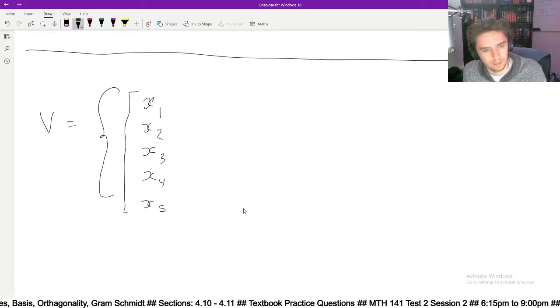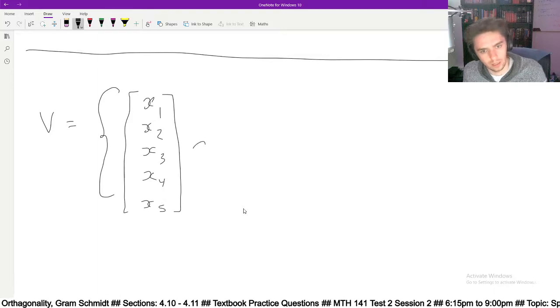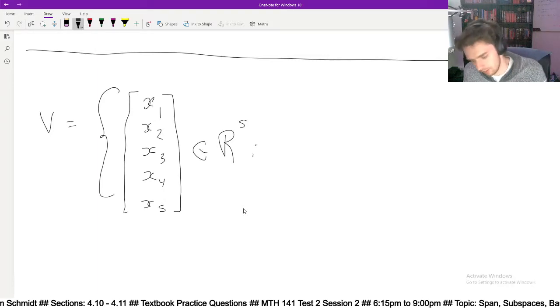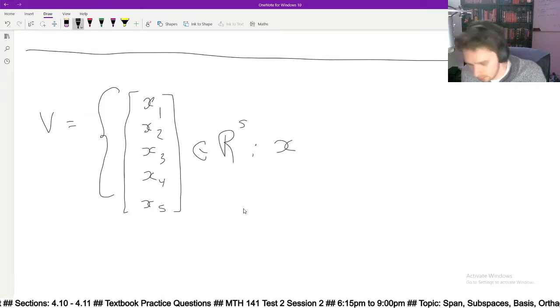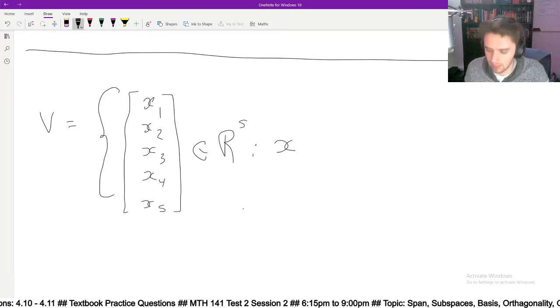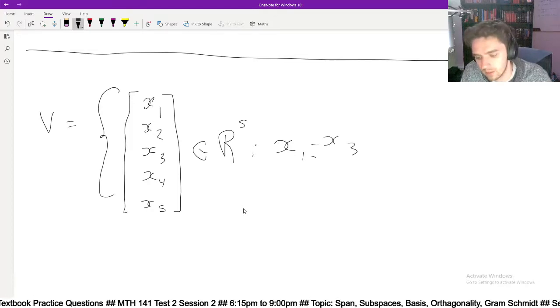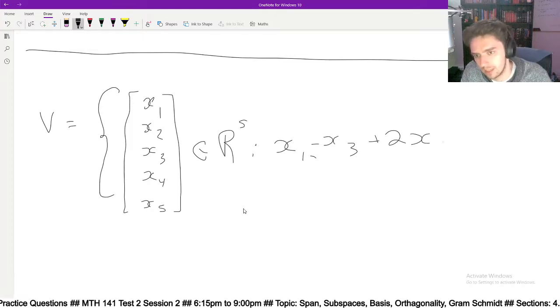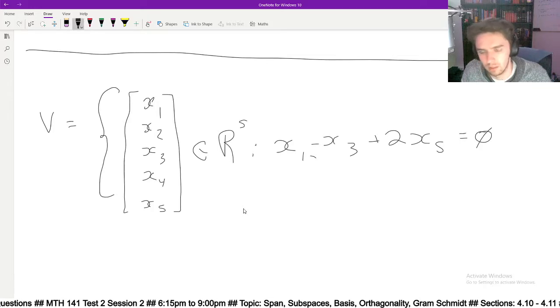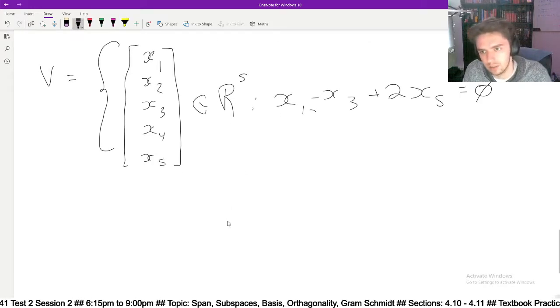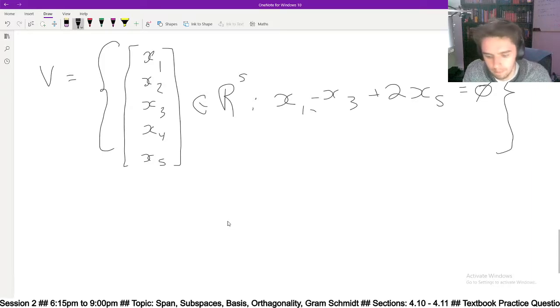Okay. So we are in R5, under the condition that x1 minus x3 plus 2x5 equals 0. And that's just a subspace, right?